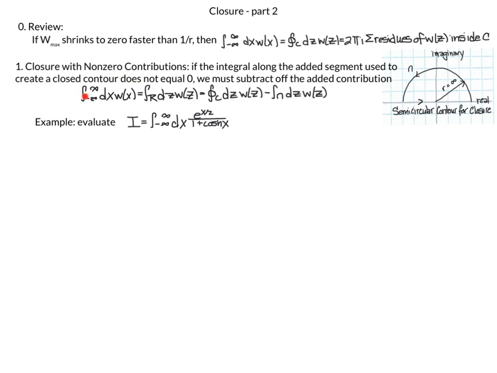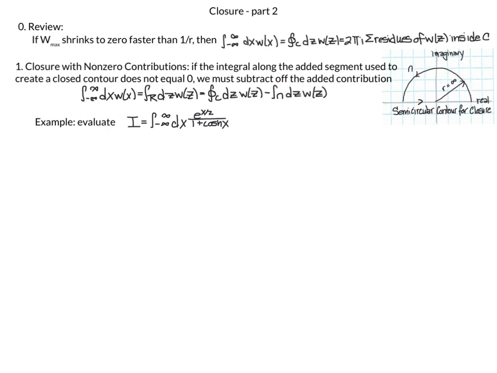So here we have our original real valued integral from negative infinity to infinity, which we say is equal to the complex valued function, or we extend it to the complex valued function, but we integrate only over the real line. And that will be our closed contour integral minus the semicircle integral.